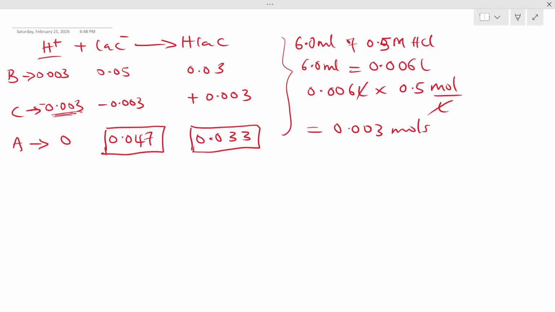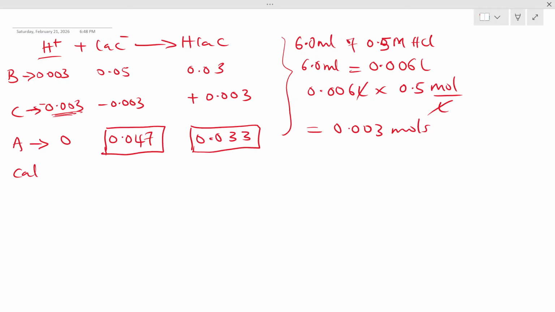So when I add H plus and the H plus is converted, some of the lactate is converted to what? Lactic acid. I need to now find how much is converted, and to do that you need the final moles, do the reaction, and run what? The Henderson-Hasselbalch equation to get the new pH. So from these parameters we have been able to draw.